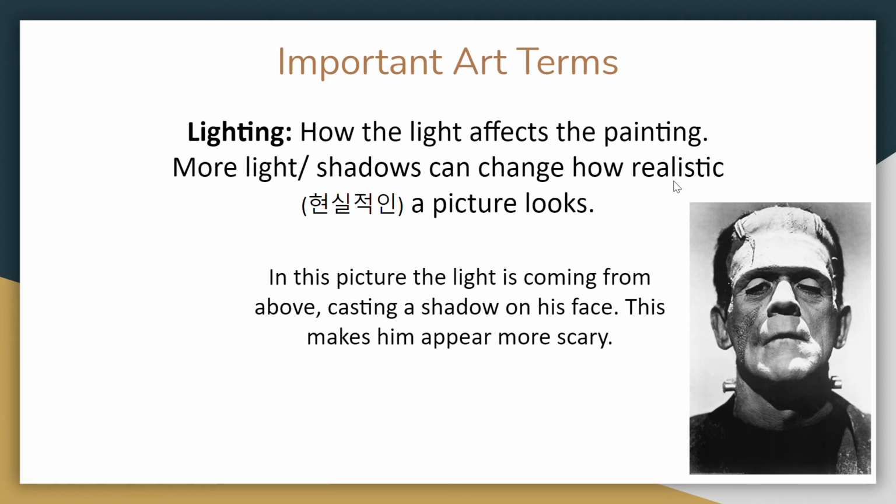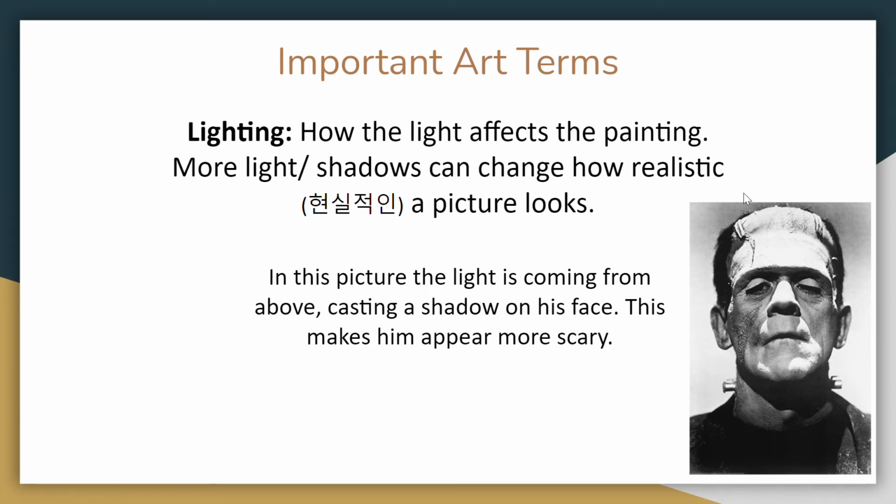Lighting can also make things look more happy, or more scary, or more sad. If you want something to look happy, you want it to be very bright, no shadows. If you want something like this to be scary or sad, you would use more shadows.